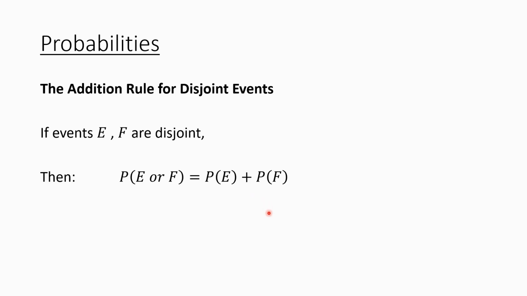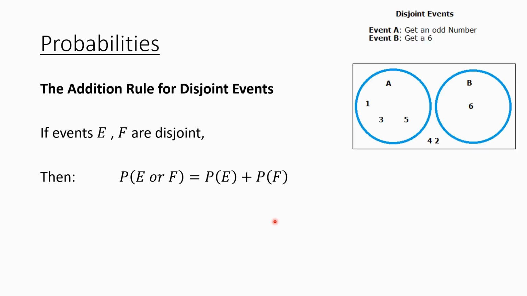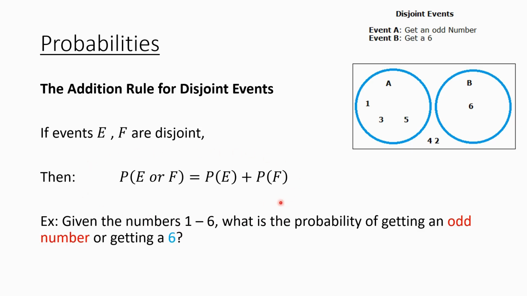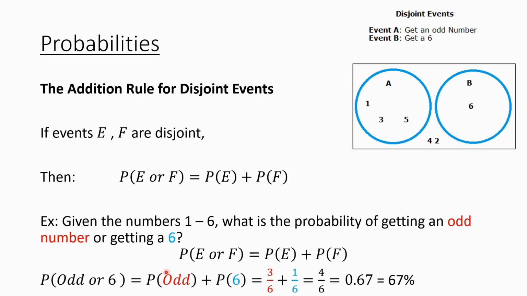So if I go back to that example from the previous slide, if I'm considering the countable whole numbers from 1 to 6, what is the probability of getting an odd number or getting a 6? We know these events are disjoint, right? Because 6 will never be odd. So we can use this formula to calculate that probability. So if I plug things in, the probability of getting an odd number or the probability of getting a 6, I just plug right in.